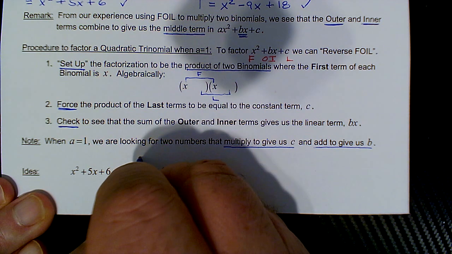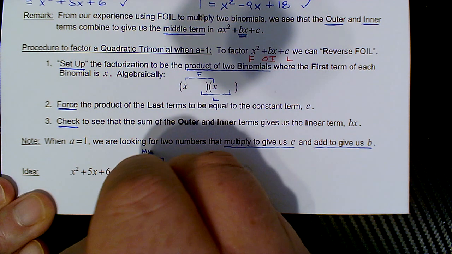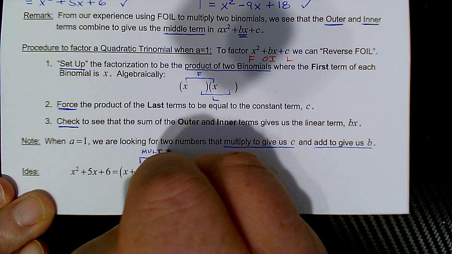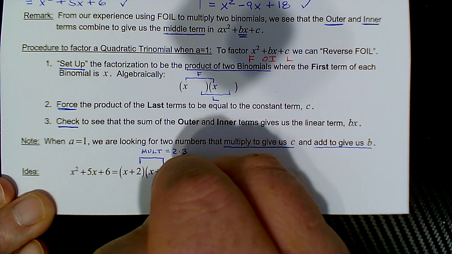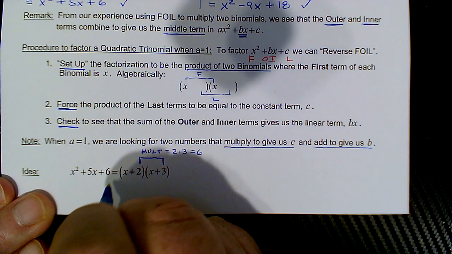So these two numbers here multiply, 2 times 3, which is 6, and that's the value of c.